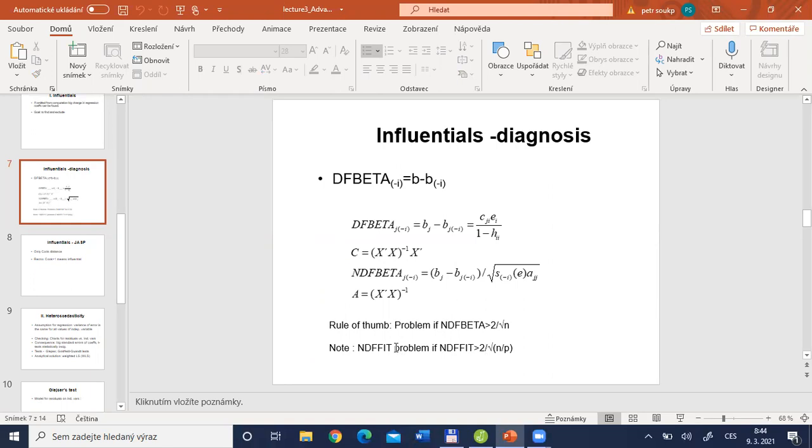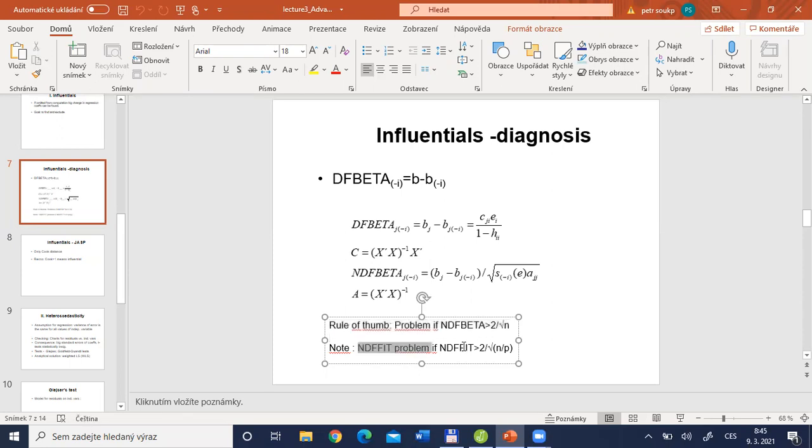Unfortunately, JASP or Mplus, which we are using in this course, are not capable of computing DfBetas or DfFits or even their standardized versions, so we will finish this discussion very quickly. Here you have a recommendation if you are using standardized DfBeta. The limit that shouldn't be exceeded is based on the rule 2 divided by the square root of the number of units in your sample.